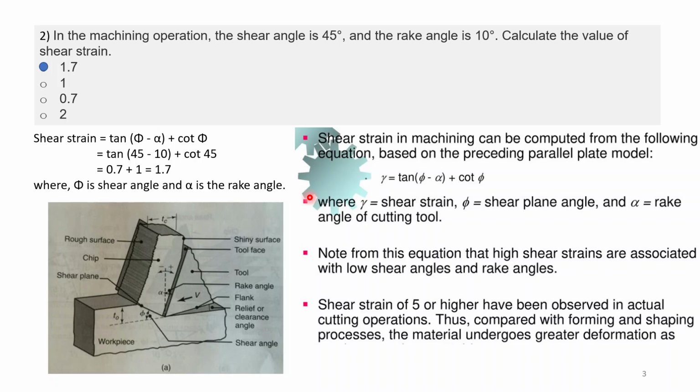For this equation, high shear strains are associated with low shear angles and rake angles, and high shear strains have been observed in actual cutting operations. Thus, compared with forming and shaping processes, the material undergoes greater deformation.